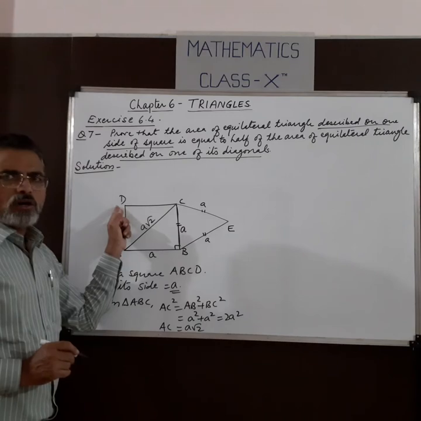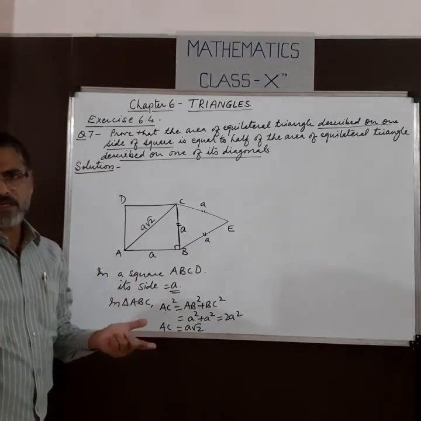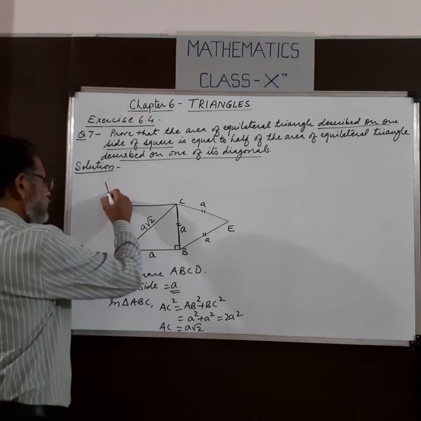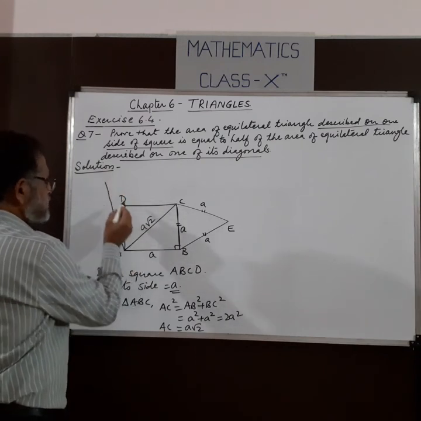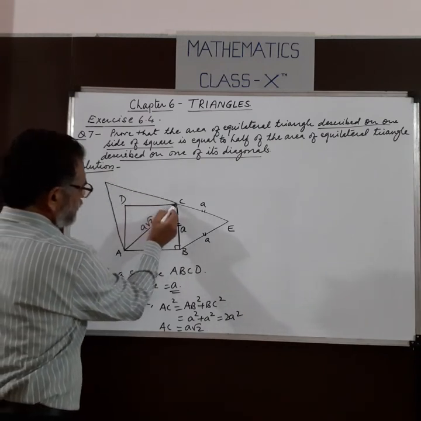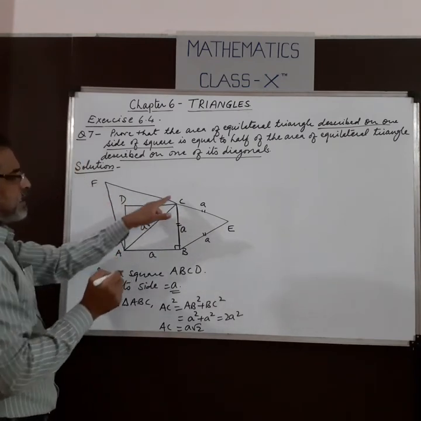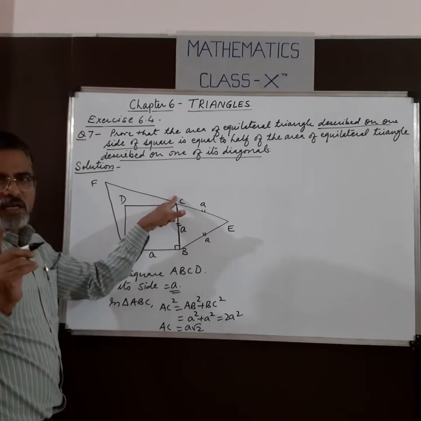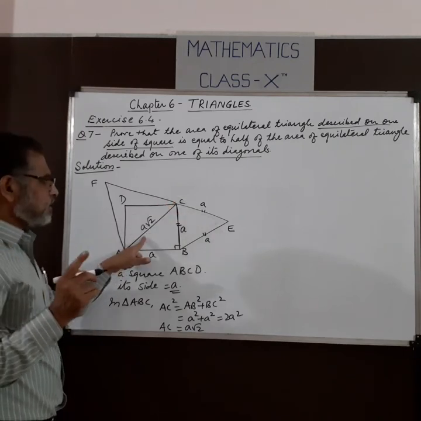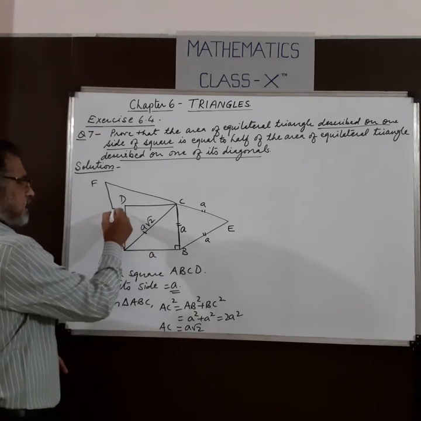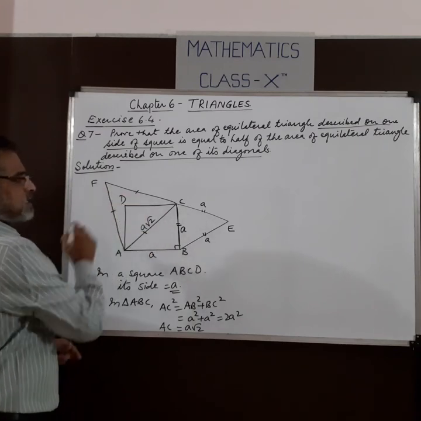Because the diagonals of a square are always equal, on any diagonal we have drawn an equilateral triangle. So here AFC is an equilateral triangle described on its diagonal. Means here AC is the same as AF and the same as FC.